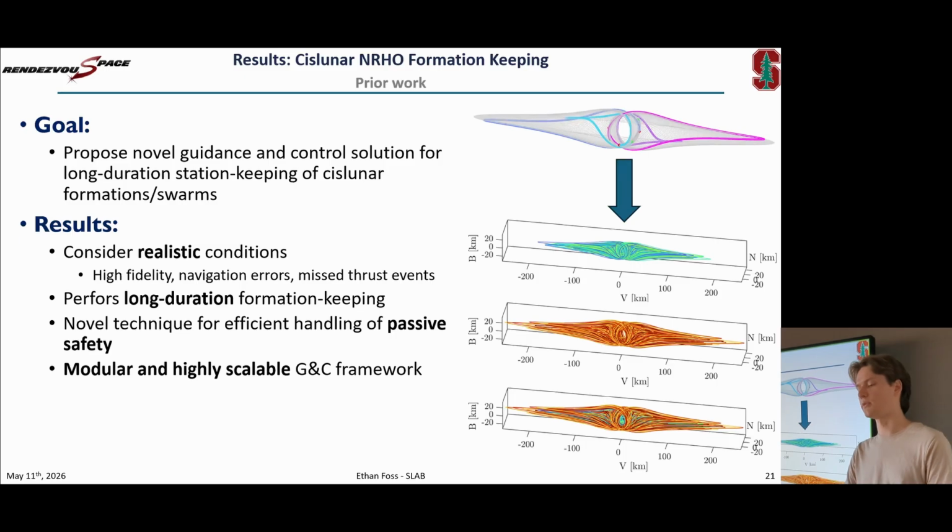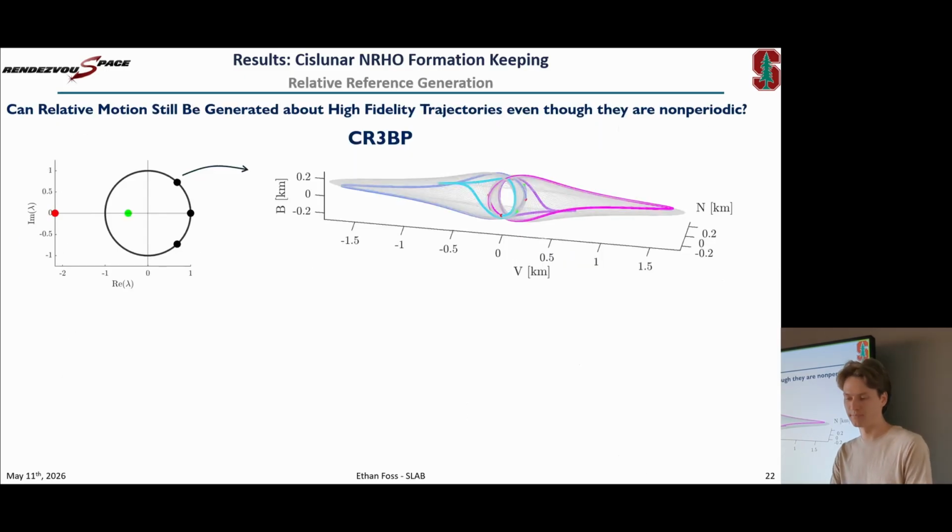That means we simulate in high fidelity environments with navigation errors and missed thrust events. We also perform this on long duration formation keeping as opposed to very short instances. We also introduce a novel technique for efficient handling of passive safety. And we show that this guidance and control framework is modular and highly scalable to many agents.